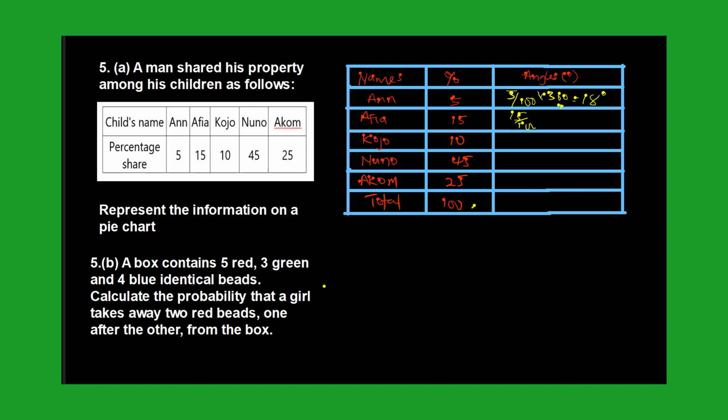Afia is 15 over 100 multiplied by 360. Then Kujo will be 10 over 100 multiplied by 360 over 1, that is 36 degrees.